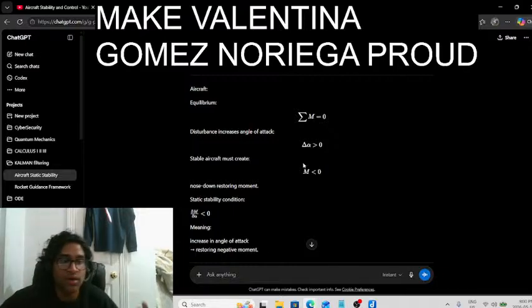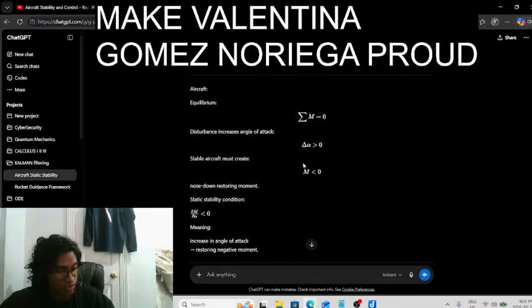Now, in an aircraft, if you have the equilibrium, in any aerospace vehicles, you must have that the summation of m must equal zero. And if the del alpha is greater than zero, then m must be less than zero.